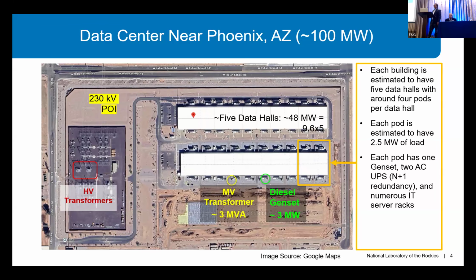At each building, there is a series of medium voltage pad-mounted transformers, as well as a diesel genset as a long-term backup. And then we take that medium voltage power, which will be stepped down to low voltage by the medium voltage transformer inside the data center rooms, where the compute loads, cooling loads and UPS are located.